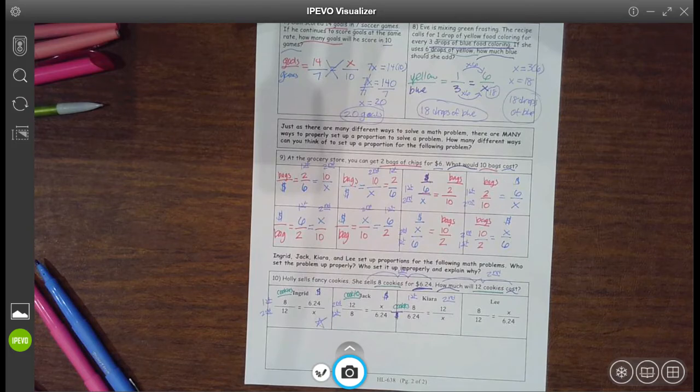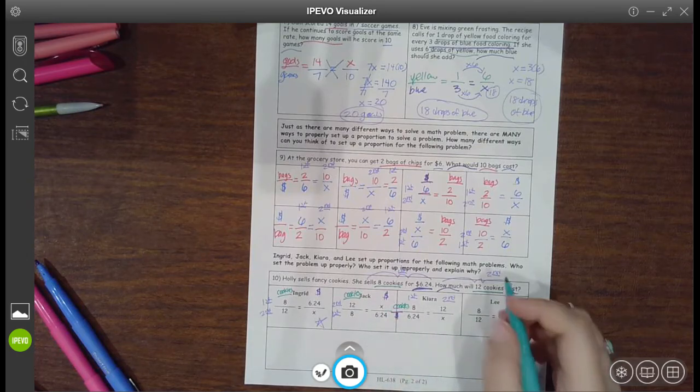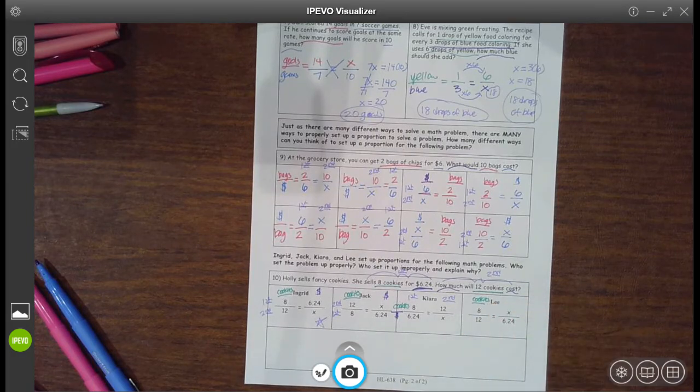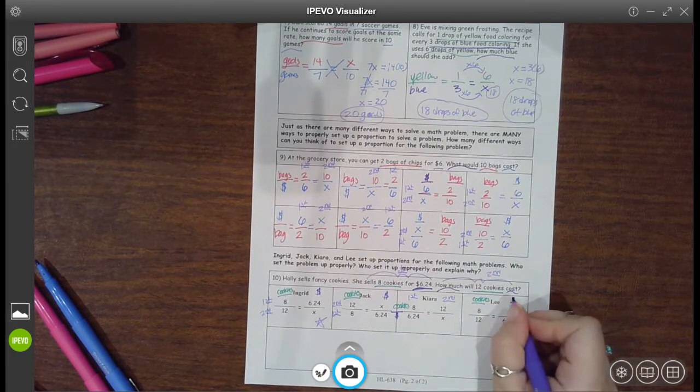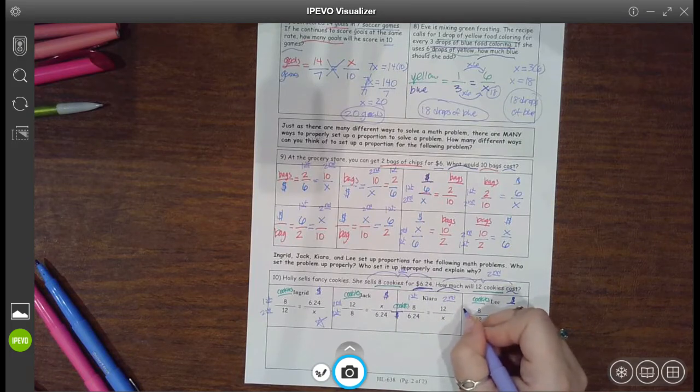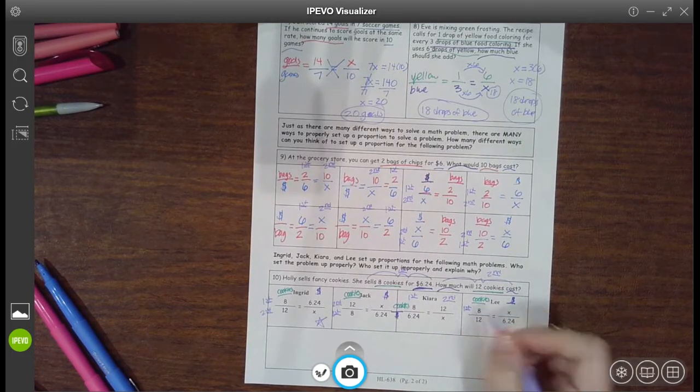Okay, let's see. Maybe they're all correct. Lee did 8 and 12. So he did cookies, and then he did the two monies. Do we not know the cost of 8 cookies? Actually, we do. So it looks like this was from the first and this was from the second.